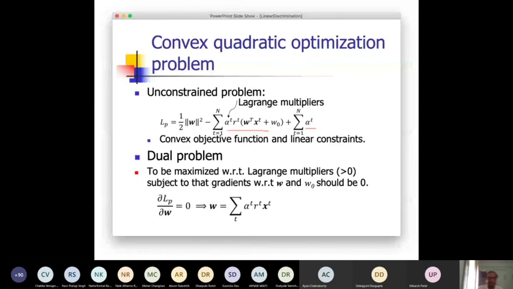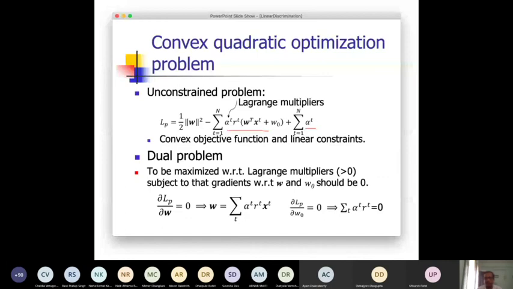If I take the gradient with respect to W, we get these two conditions. One, you can see, can be expressed as W equal to the sum of alpha, R, X. It's very interesting, right? So W is expressed as a function of alpha and X when this condition is satisfied. That is the relationship between W and alpha at the optimal point.